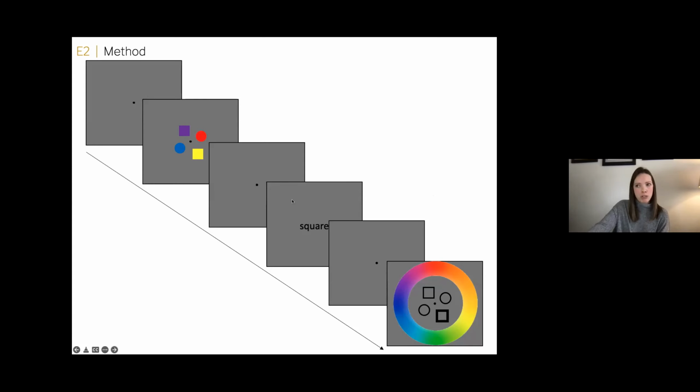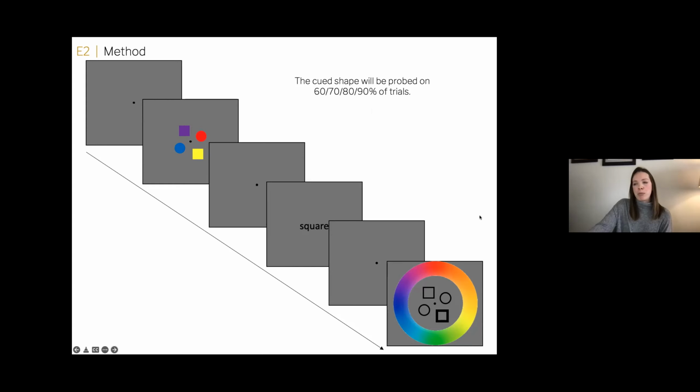So we gave them this retro cue following encoding that signaled the shape that was most likely to be probed on that particular trial. And then again, across blocks, we gave them explicit information about the probability that this cue was going to be valid. So 60, 70, 80, or 90% of trials, this cue is valid.